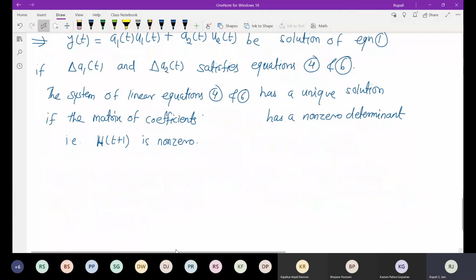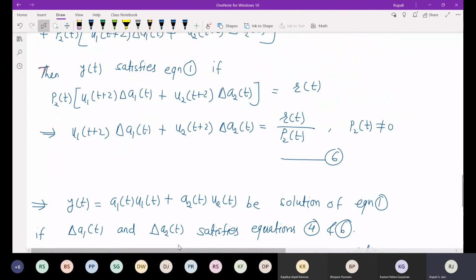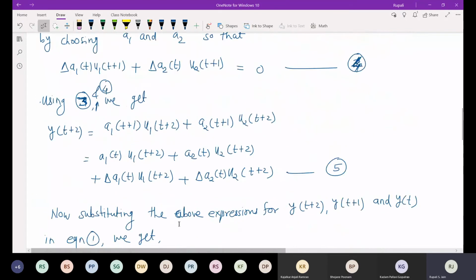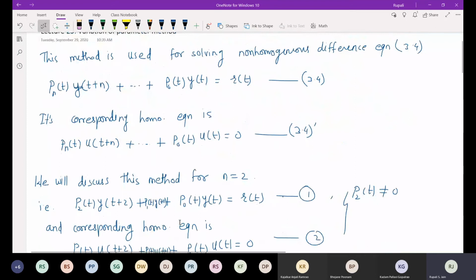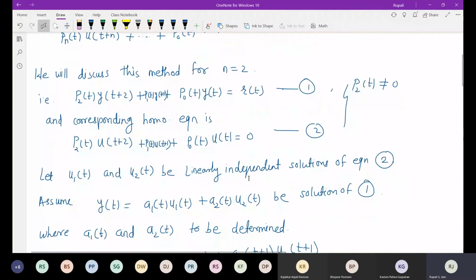For third order, how can we do it? Again, this was n is equal to 2. Now for n is equal to 3, what will it be? Let u1t, u2t and u3t be linearly independent solutions. Then we assume yt is equal to a1t u1t plus a2t u2t plus a3t u3t be a solution of equation 1, and we have to determine a1t, a2t and a3t.